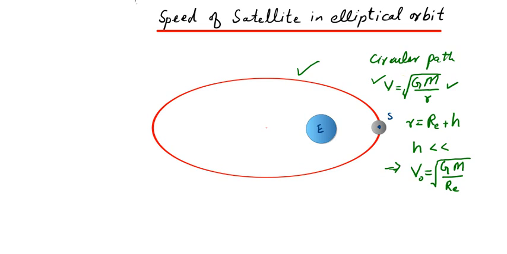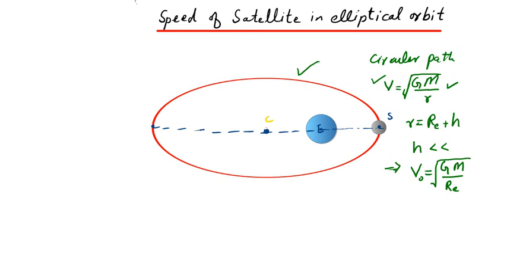Let's say I draw a line from here, along the axis, to the edge of the elliptical shape, which is far away from the planet. Let's say this is the center of the ellipse.